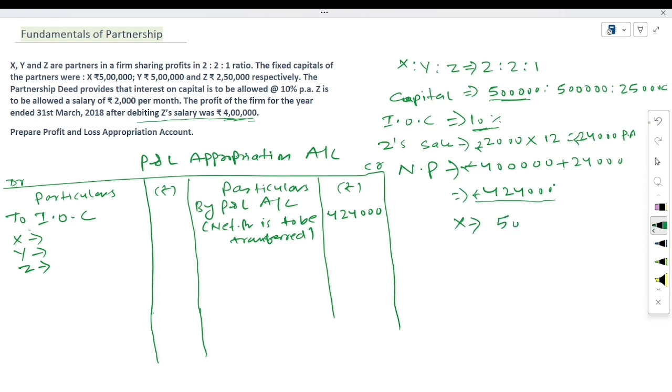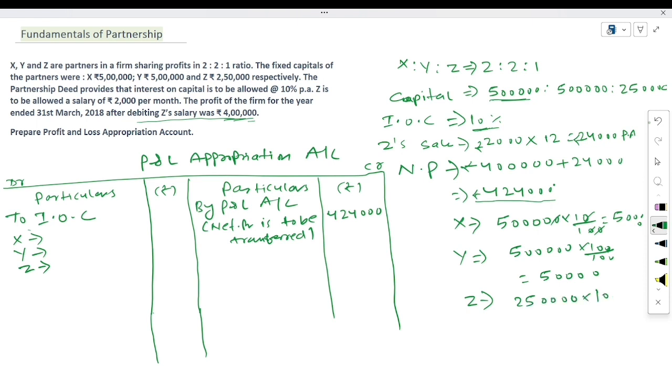X's interest on capital will be 5 lakh into 10%, which is 50,000. Y is the same, 50,000, because Y's capital is also 5 lakh. And Z's capital is 2,50,000, then the interest will be how much?